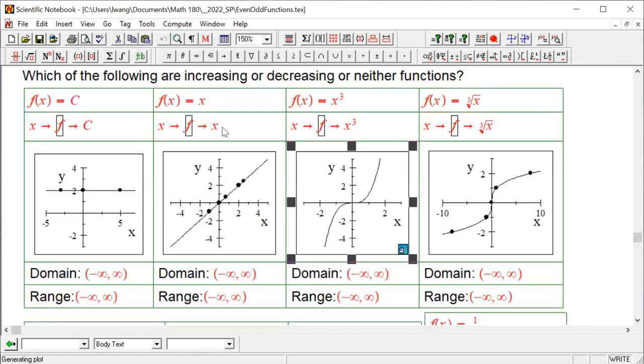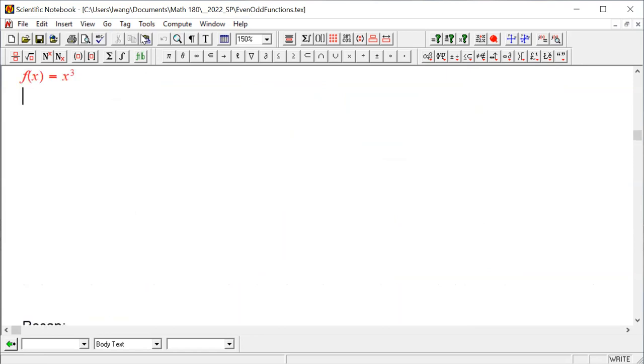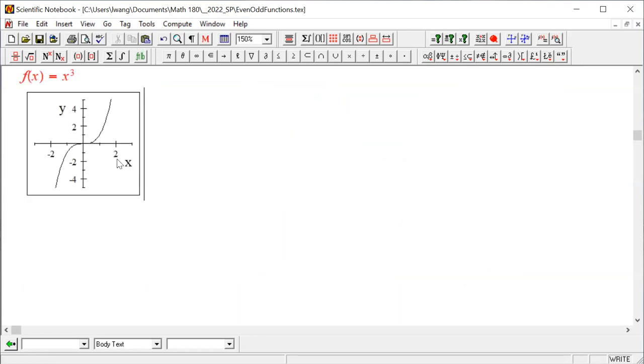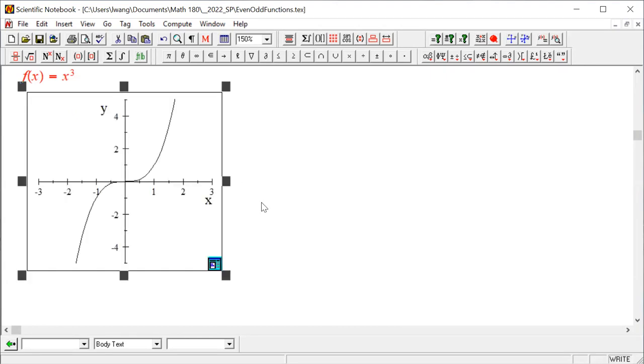But just to bring back the context, this is f of x equals x raised to the power 3, a very useful function used in calculus classes.